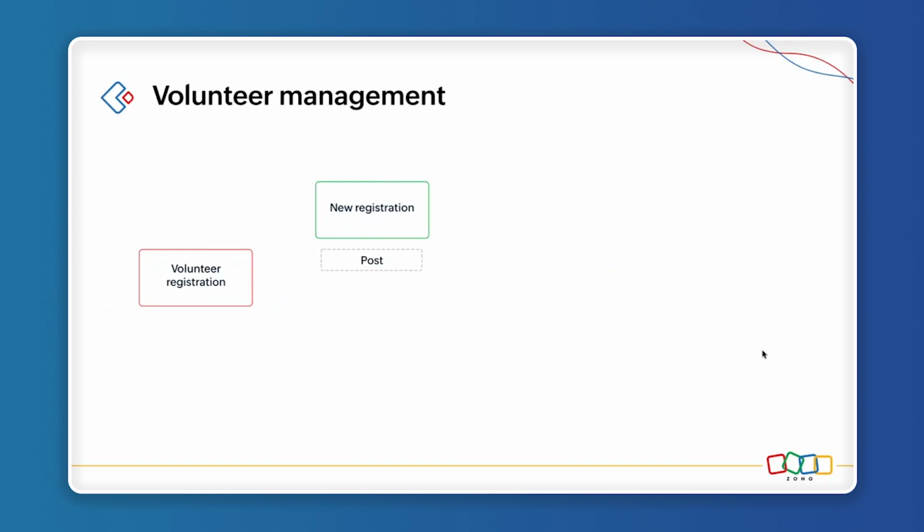And the last module is the volunteer management. Again, we are separating the volunteer registration into new registration and the existing volunteers. For the existing volunteers, we will be giving the portal.